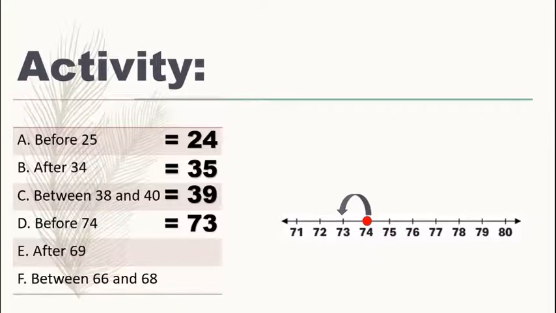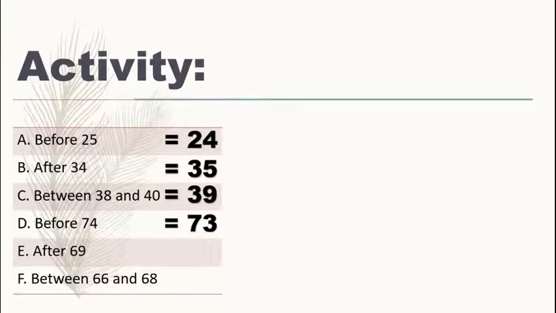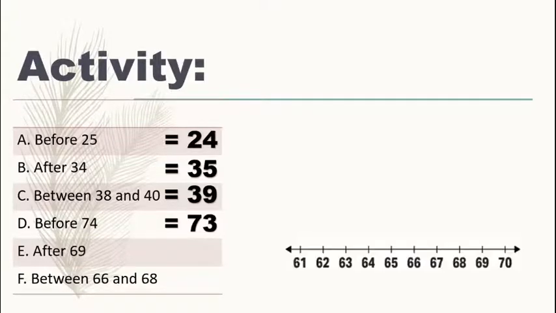Let's have letter E. After 69. We have the number line of 61 to 70. Again, we need to mark 69 and move where?